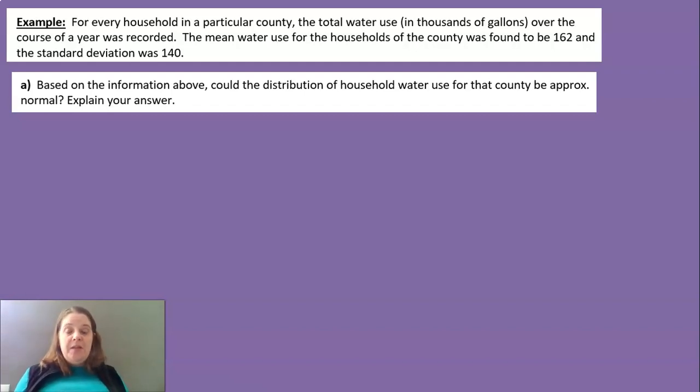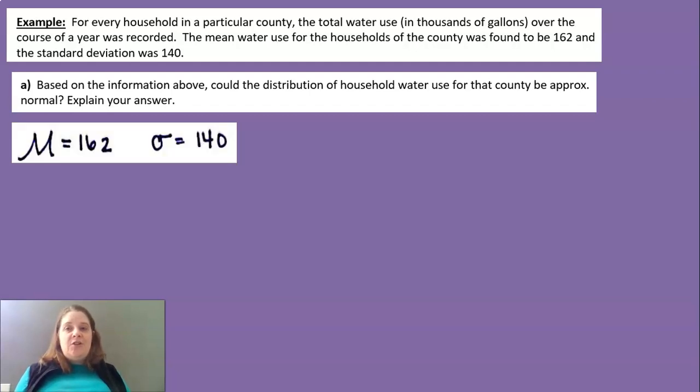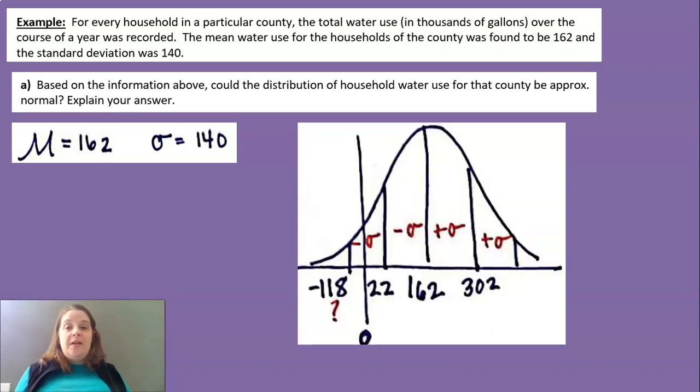All right, so here's what I know. If this is normally distributed, 99.7%, almost all of it, has to be within 3 standard deviations. So I'm going to start off kind of sketching that. The mean is 162. The standard deviation is 140. So if I'm talking about within 3 standard deviations, let's say I start at 162 and I go down 1 standard deviation, that puts me at 22.